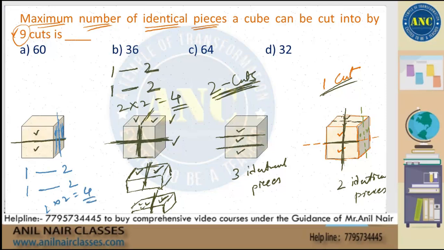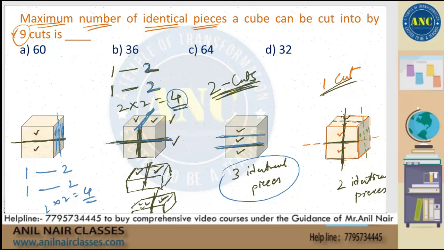So using two cuts, here you got 3 identical pieces when I did both cuts in one direction. But when I did it in 2 different directions, in this direction it gave me 2 pieces and in this direction it gave me 2 pieces. So totally 2 into 2, I got 4 pieces.